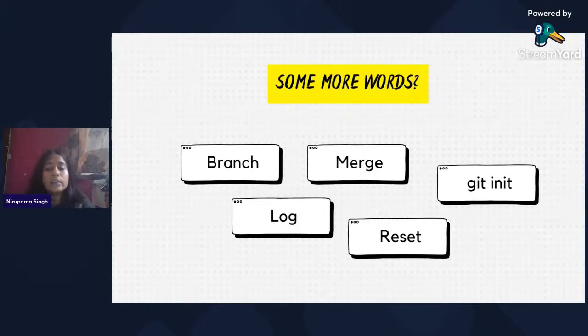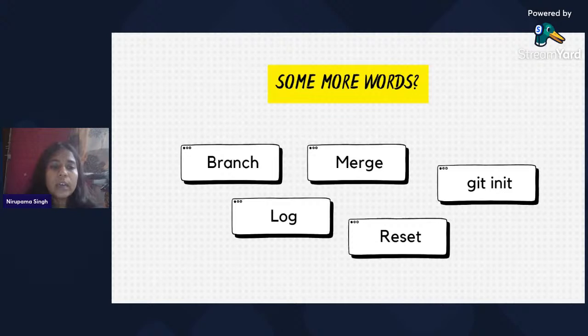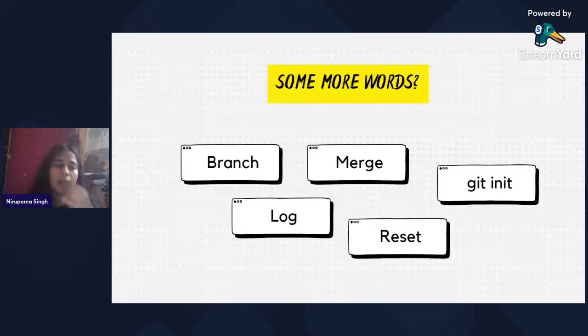Then git init. To be very honest, git init is the first command that you should know. It will be the first command you will usually be using if you're not manually uploading or cloning from github.com. So basically, I have a calculator for code in my local system.